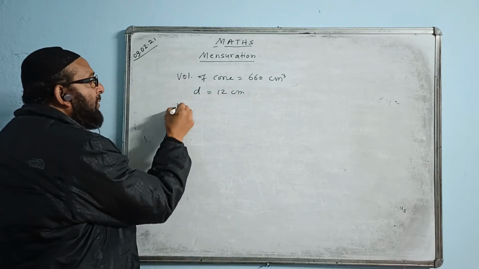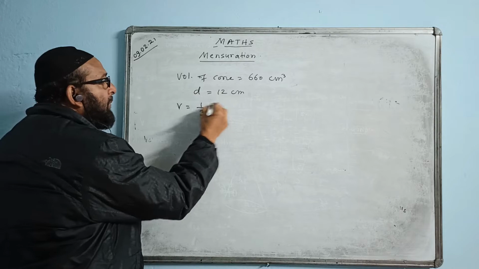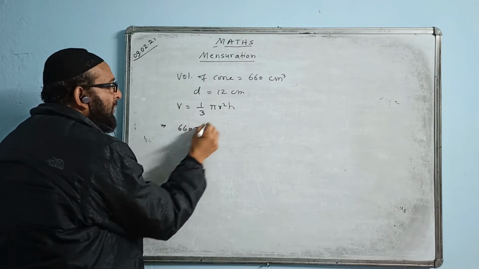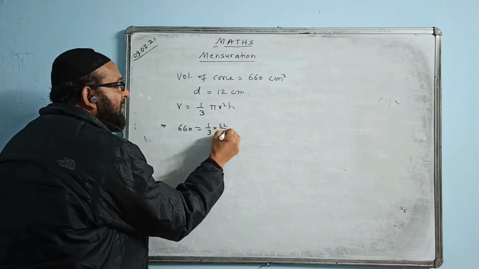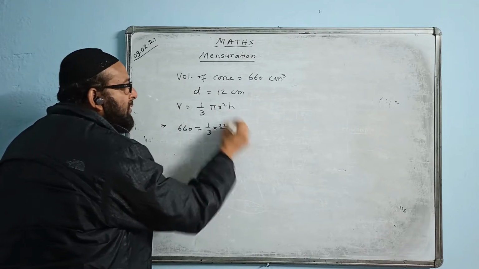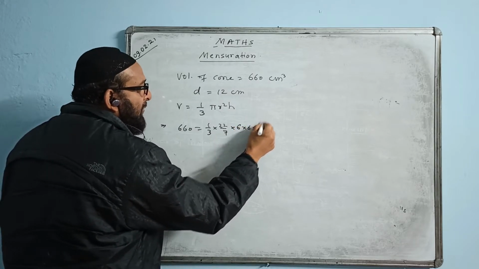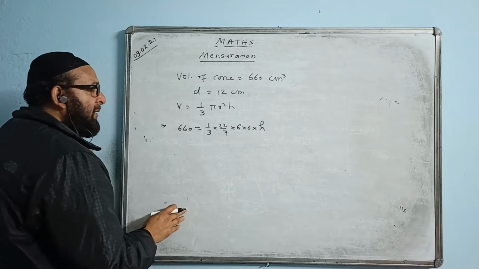Volume is given, so we use the formula of volume: 1 by 3 pi r square h. Put the value of volume 660, 1 by 3, pi value you take 22 by 7, r value is 6, that's 6 into 6, and height is what we have to find.